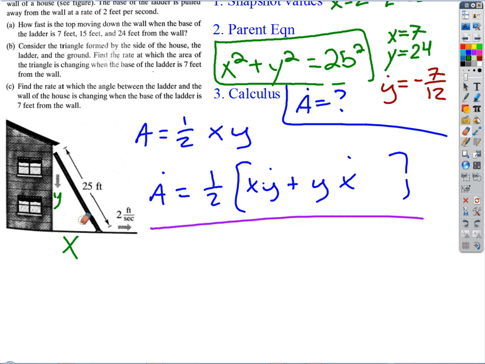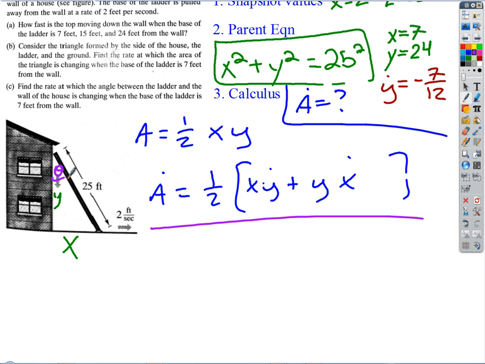We'll call the angle theta. Oh no, I'm sorry, that's the wrong one, isn't it? The angle formed by the side of the house and the ladder. They want this one. Those are the sides of the angle, right? Okay.